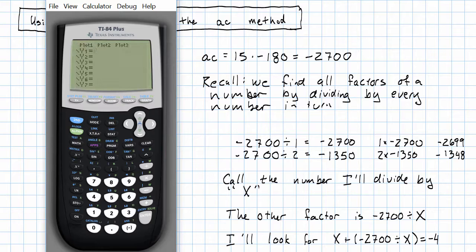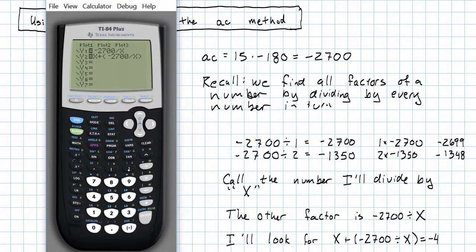So what's that going to look like in the calculator? I'm going to go to my y equals. In y1, I'm going to say negative 2,700 divided by x. And in my y2, I'm going to say x plus negative 2,700 divided by x.